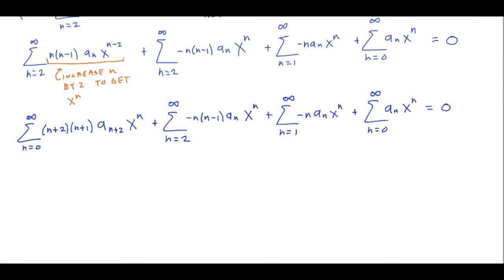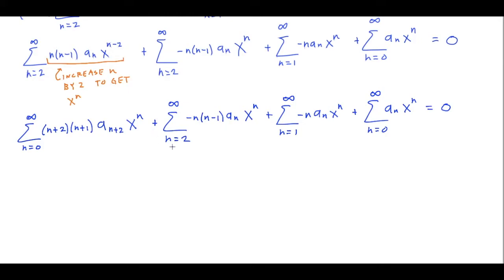The other characteristic that I need to now address is the fact that these series now have different starting indices. And again, it feels a little strange to say, but it's like this third series has one less term than this fourth series, just as an example. They both have infinitely many terms, but since this one starts at n equals 0, it feels like this has one fewer term.